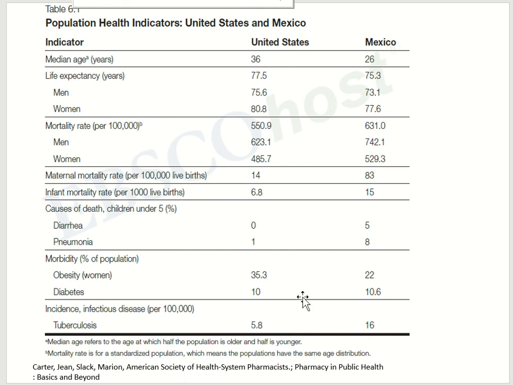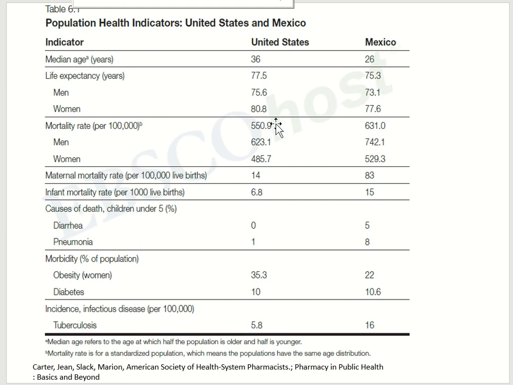It's about the same. Then you have incidence for infectious diseases, for tuberculosis. The incidence, remember, these are the new cases, 5.8 per 100,000 in the US versus 16, almost triple in Mexico.